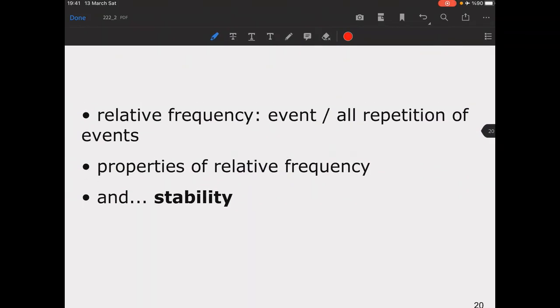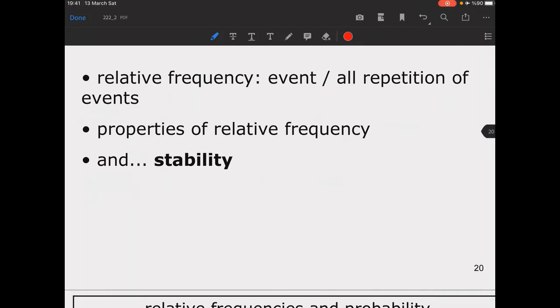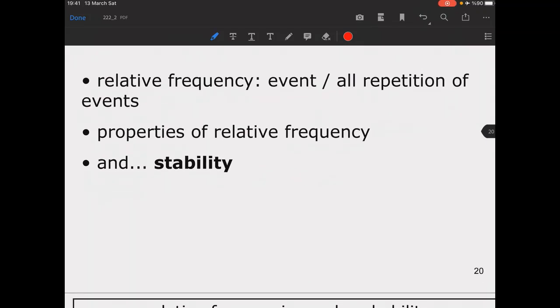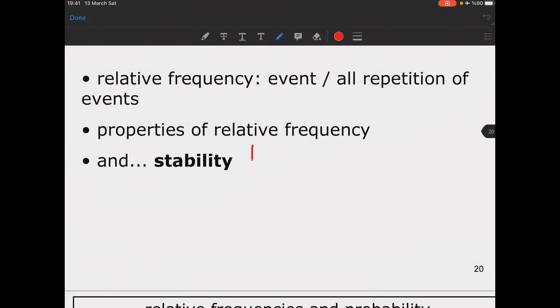But stability is another issue here. The stability of relative frequency depends on experiments. Suppose that an experiment is repeated k times, like k1, k2, k3, up to kr.